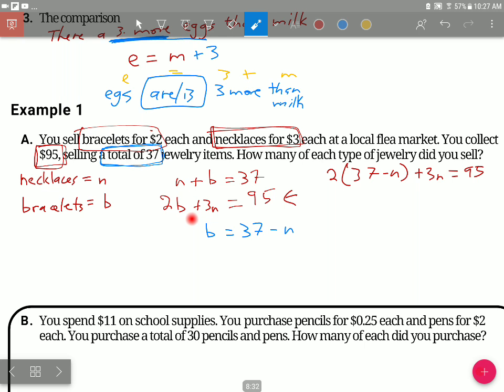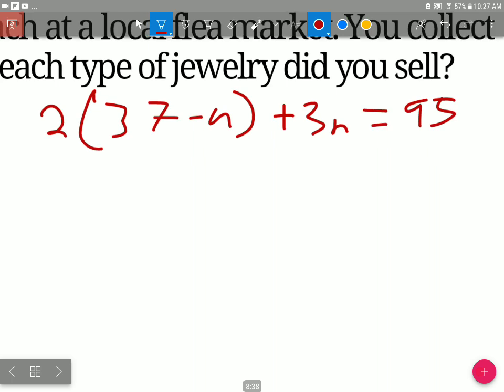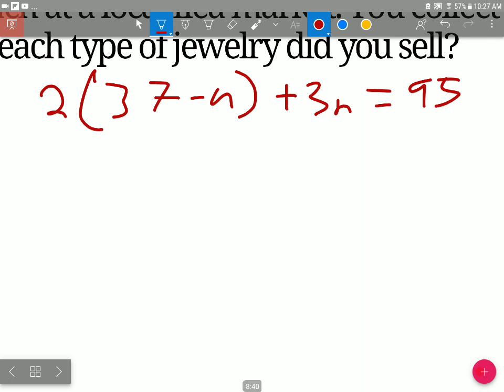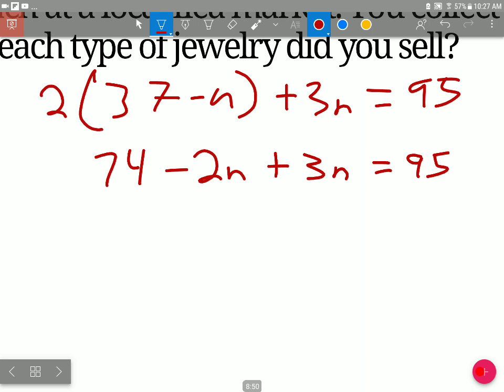All right. Here we go. Let's start multiplying. What's 2 times 37? I'm going to zoom in now. 74. Yep, 74. So 74, what's 2 times negative N? Okay. Bring everything else down. Okay. What are you going to do from here?